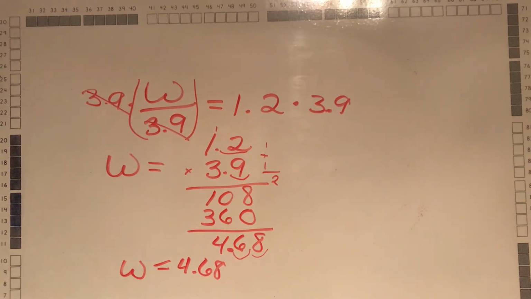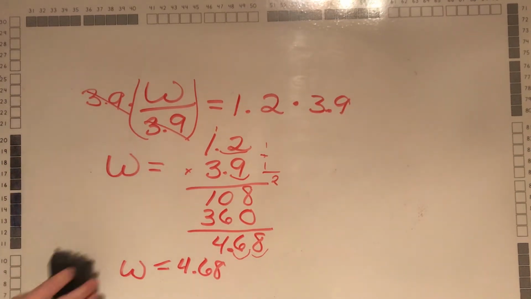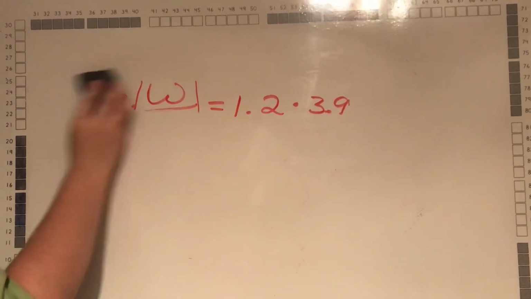Okay, so in your homework you will be adding decimals, subtracting decimals, multiplying with decimals, and of course, dividing with decimals. So we have one more example where we are going to be dividing with decimals.